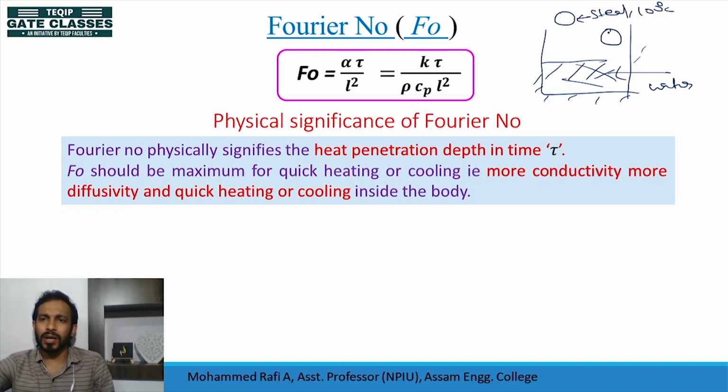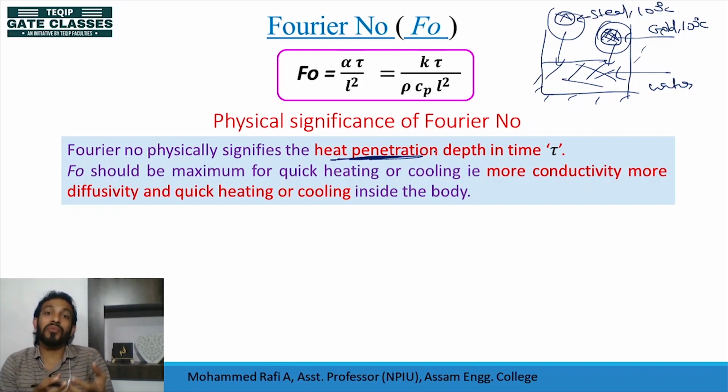At the same time, I am dropping another body, suppose gold instead of steel, at 100 degrees Celsius. If I drop both into this, what will happen? That is the question. It is basically about heat penetration, how fast the heat will be diffused within the body. So what is this alpha?